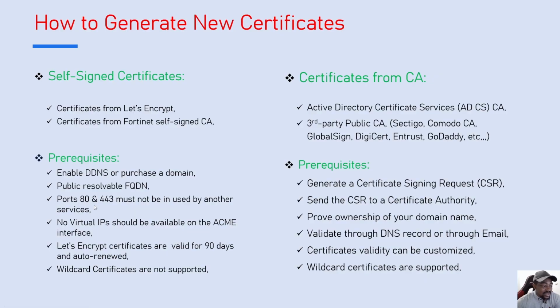Also, make sure there are no virtual IPs available on the interface that you are going to use as the ACME interface. Here the ACME interface is going to be the public interface of your FortiGate device that is facing the internet, maybe the WAN interface. You need to make sure that there is no virtual IP address bound to that WAN interface. Otherwise, you will not be able to generate a Let's Encrypt certificate.